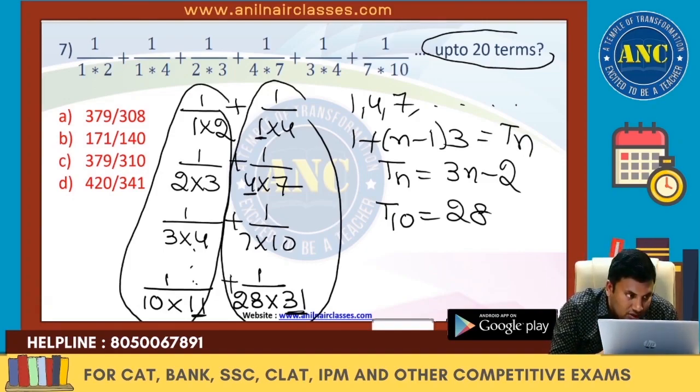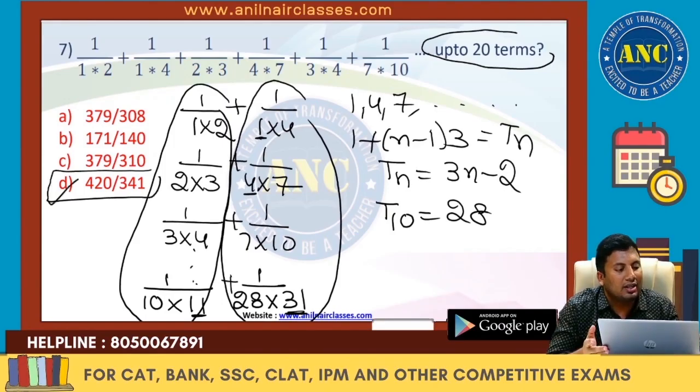In this one, it should be 31. Denominator should be divisible by 11 and 31. 341, 310, it is not divisible by 11, 140, it is not divisible by 11, 308, divisible by only 11 but not by 31.